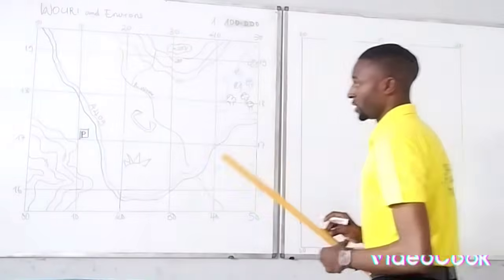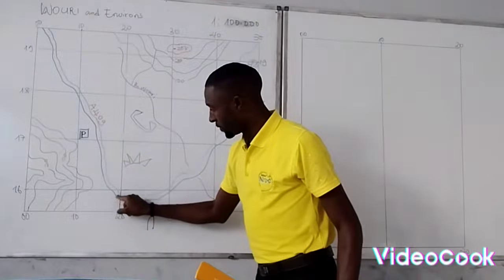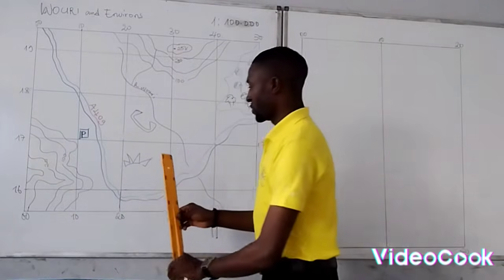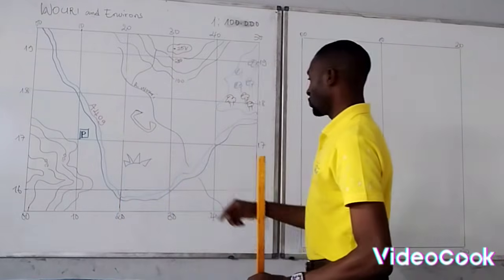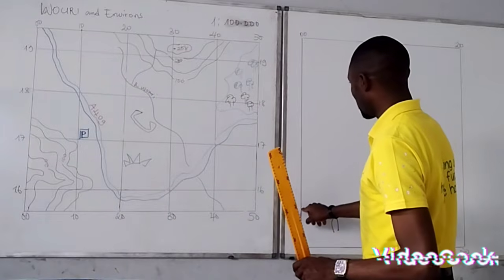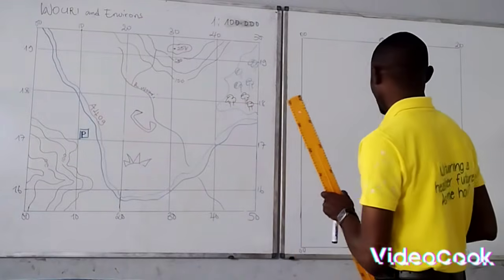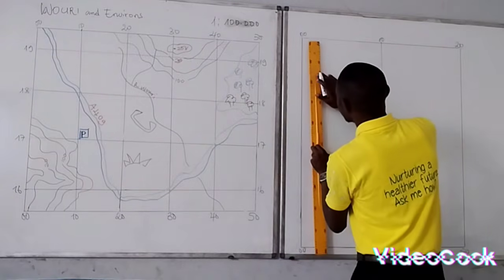The same thing I'm going to do here. But guys, take note that we also have a half square here, and this half square should give us 1 centimeter. Good. So 1 times 2 is going to give us a 2 centimeter half square, and the rest will be 4 centimeters each. We graduate it.